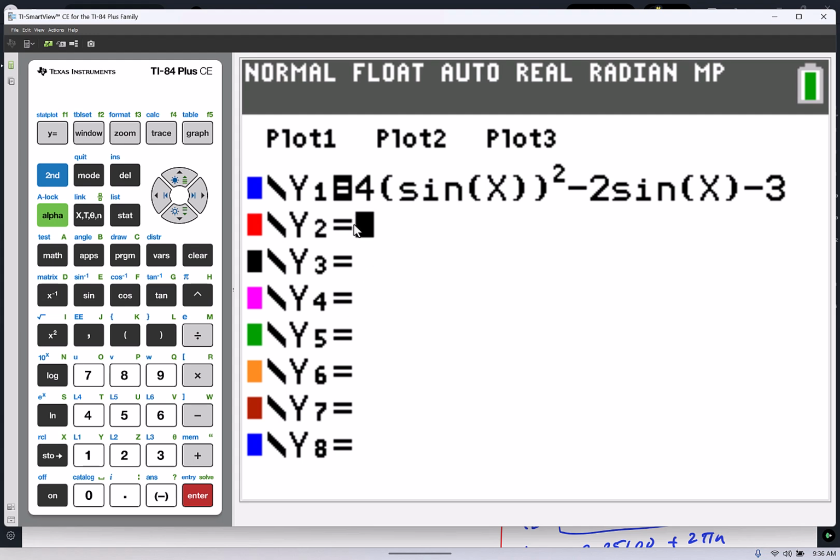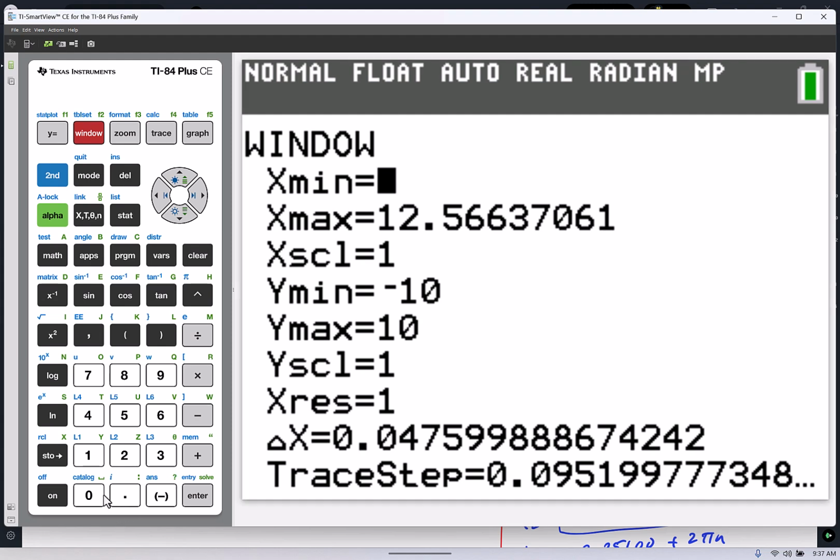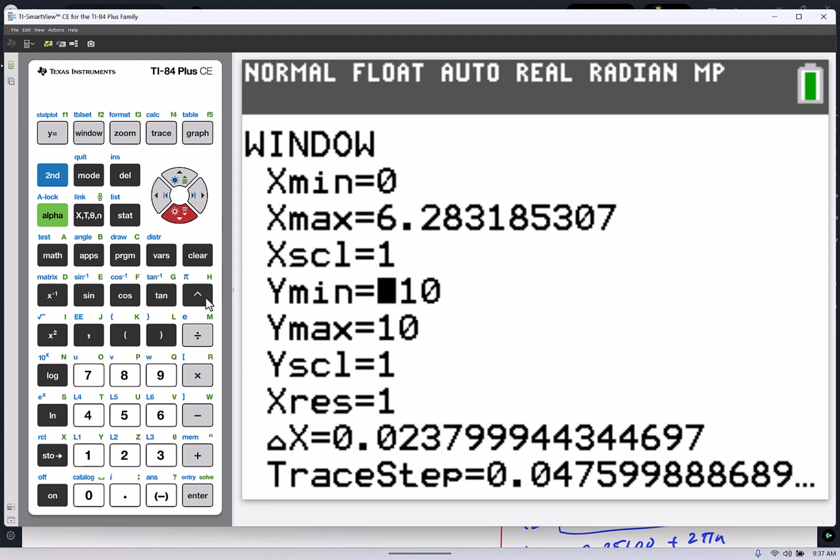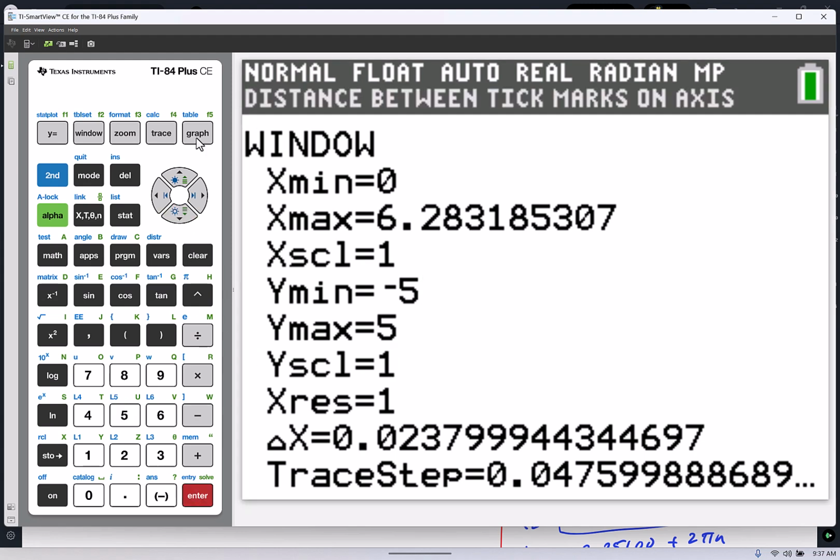Oh, okay, so you don't even have to type anything on the y2. Remember, anytime it equals 0, that means you cross the x-axis, right? And I'm clicking on window. You're only going to look between 0 and 2 pi. So 0, 2 pi. I know what the magnitude of that is, but if you didn't, you could have just left it as negative 10 to 10. And then check it out. Graph.